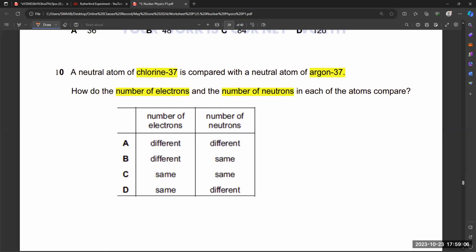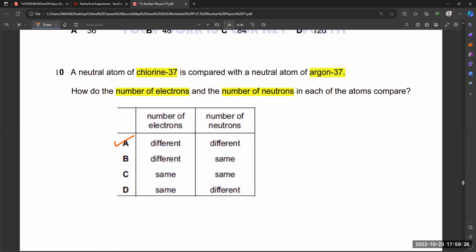Because you know that chlorine and argon relate to different groups, right? So they also contain different numbers of protons and different numbers of neutrons. So definitely the number of electrons will also be different, right? So that's why the number of electrons and number of neutrons will be different.